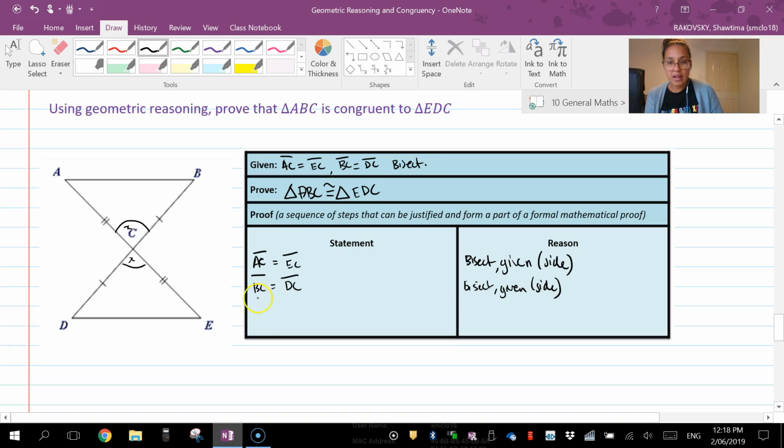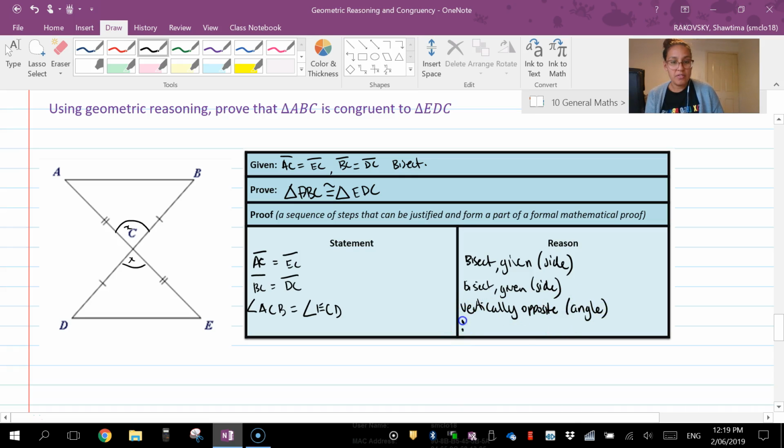Now I have angle ACB equals angle ECD, and the reason why it is equal is because of vertically opposite, and that is angle.